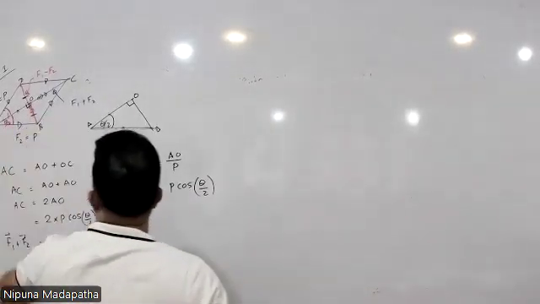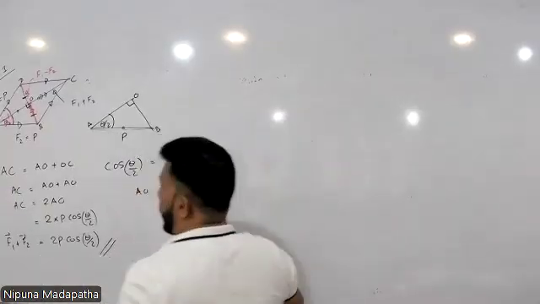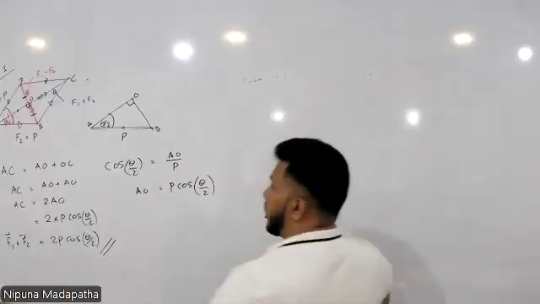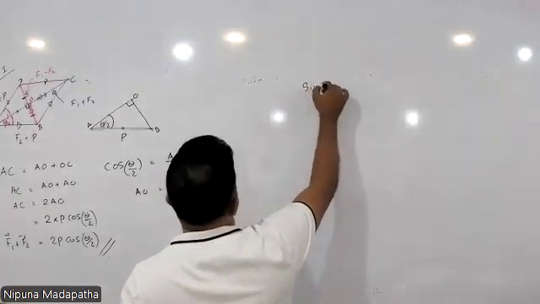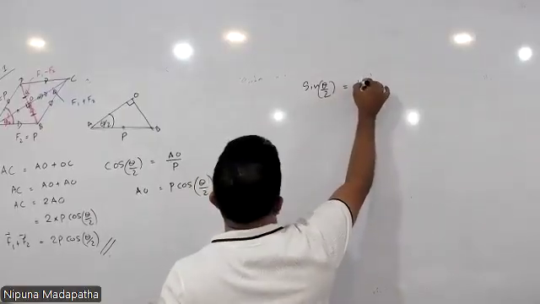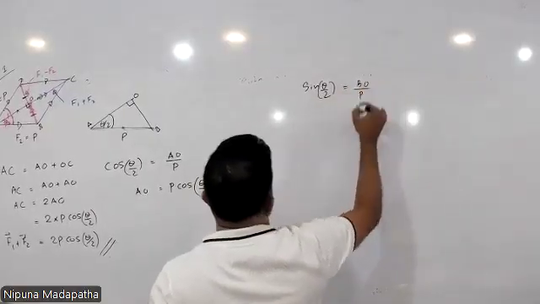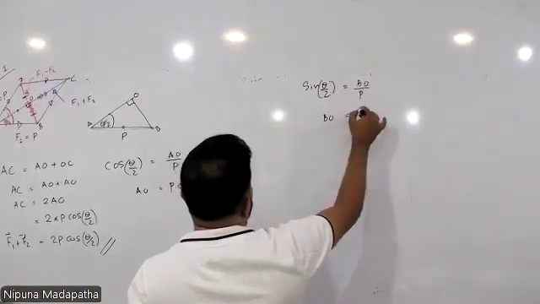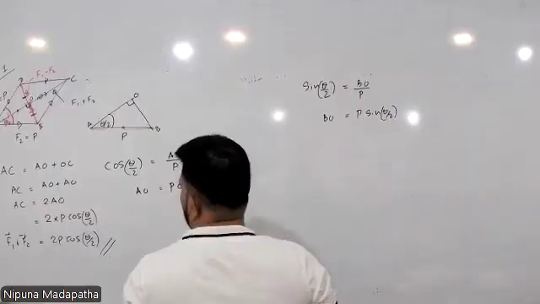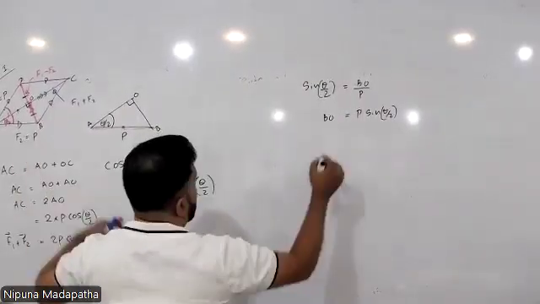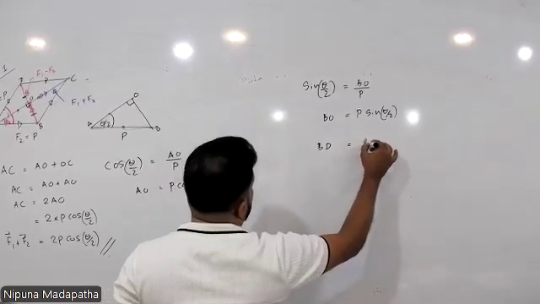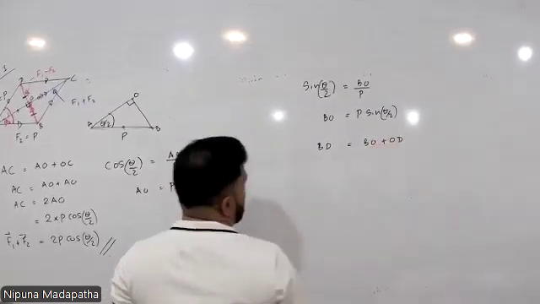Right, so how do we get BO? What is the trigonometric ratio we use here? Sine, yes. Sine theta over 2 equals BO over P. So BO equals P sine theta over 2. Right? So diagonal BD is equal to BO plus OD.